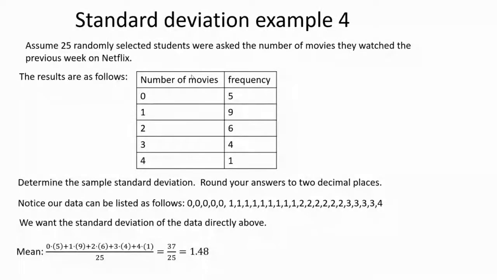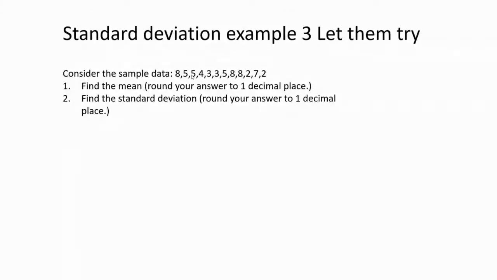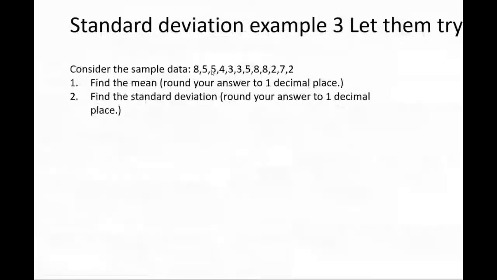another example. This one's a little bit different. I know I'm doing a lot of examples here. However, it gives us better practice because I know standard deviation can be kind of tricky. But also notice here, we have a frequency table. We don't have the data listed out. If you went back to this one, we had the data listed out, as you can see.